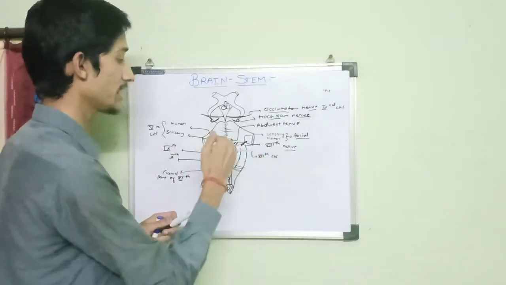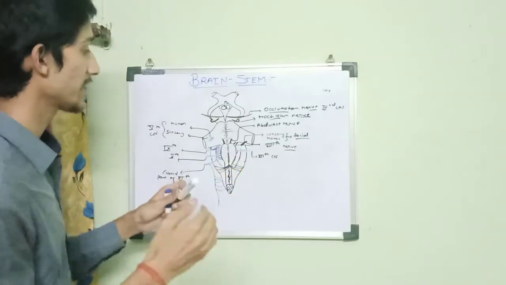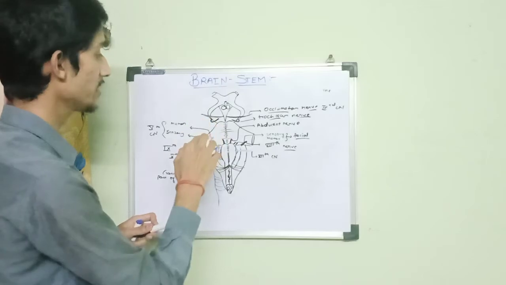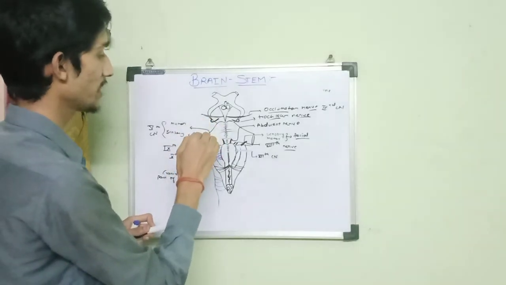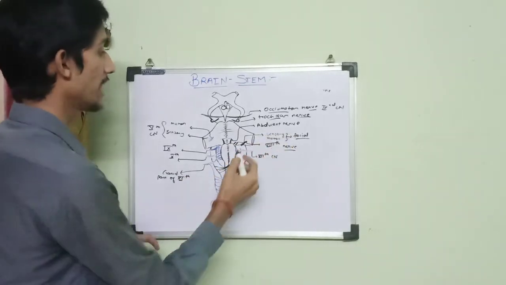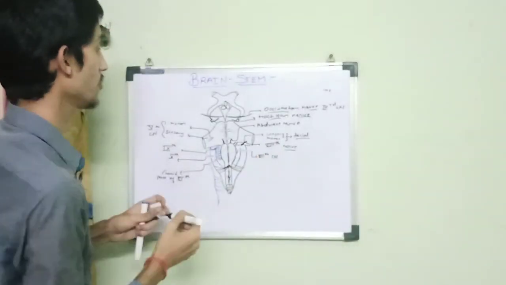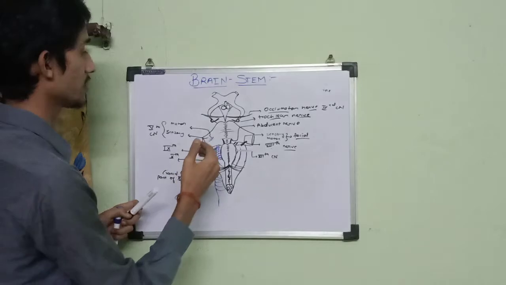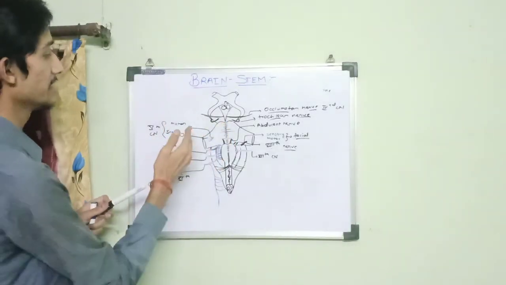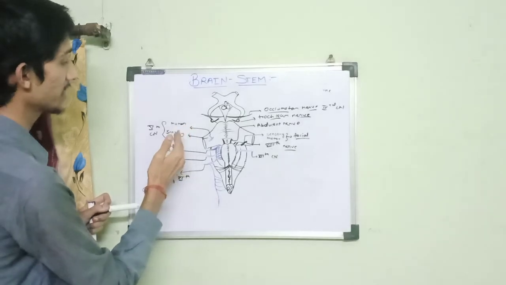We have the pontomedullary junction, and the nerves arising from it: the abducent nerve arises most medially. Lateral to it we have the sensory and motor fibers of the facial nerve, and more lateral to it the vestibulocochlear nerve. Now from the pons we have the trigeminal nerve arising, its motor and sensory fibers.